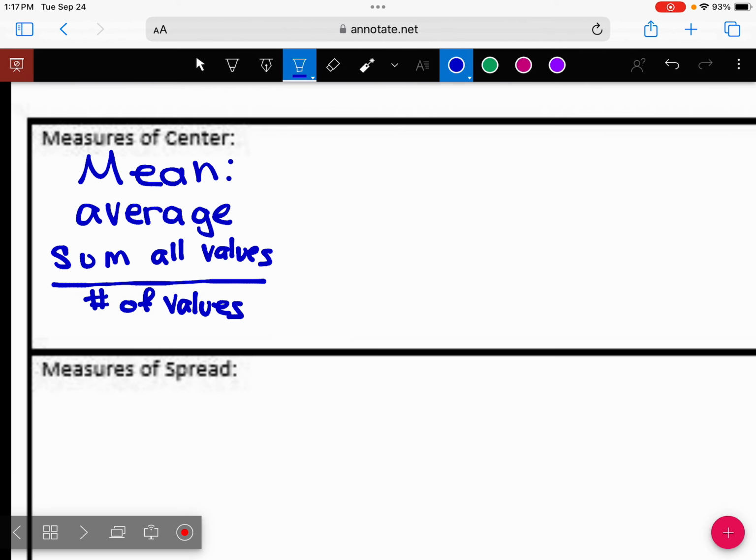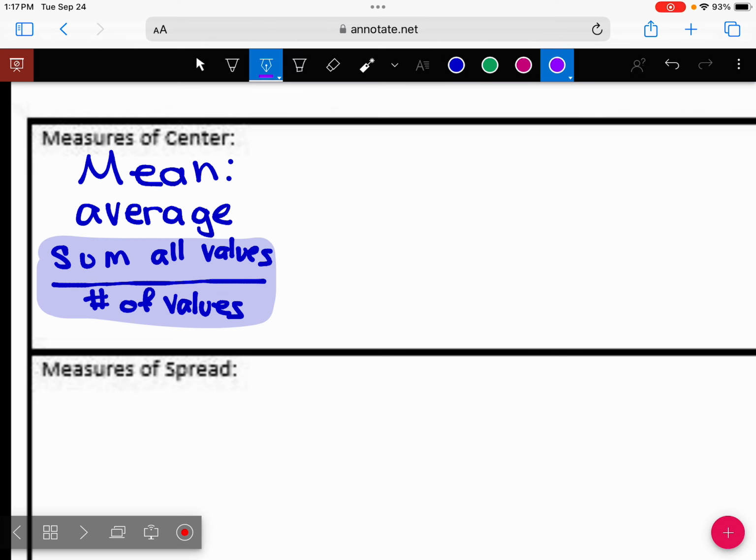So we calculate the mean by adding up all the heights and dividing by how many. So add them all together, divide by how many. So I could find the average height of people in this room. We could do that. I've used that as kind of our example on a lot of things, our average height.